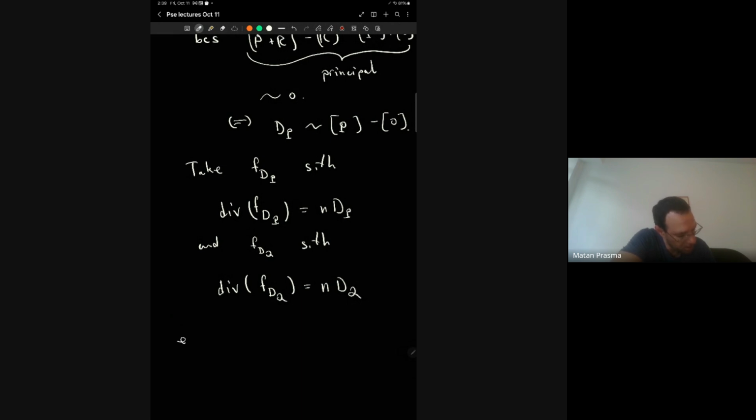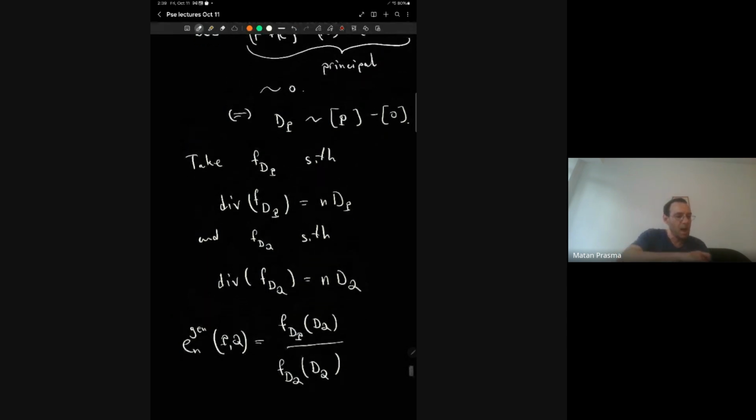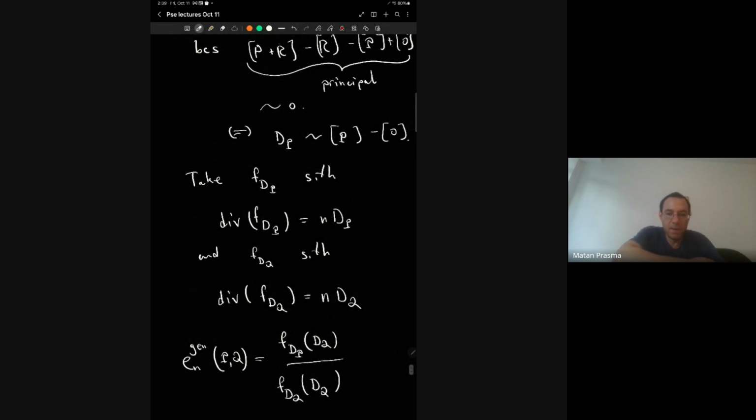So e_n of the generic Weil pairing is f_dP evaluated at dQ, divided by f_dQ evaluated at dP.